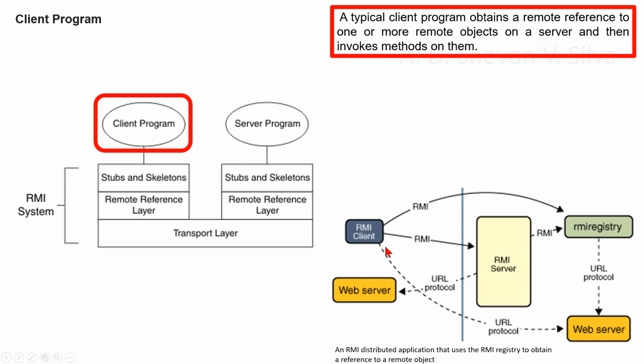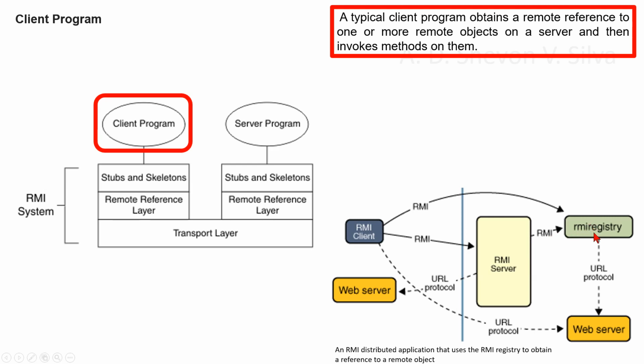Here the RMI client is connected to the RMI registry. So RMI is passed from RMI client to RMI registry. The RMI client is connected to the RMI server. RMI is passed from RMI client to RMI server, and the RMI server is connected to the RMI registry, and RMI is passed from RMI server to RMI registry.